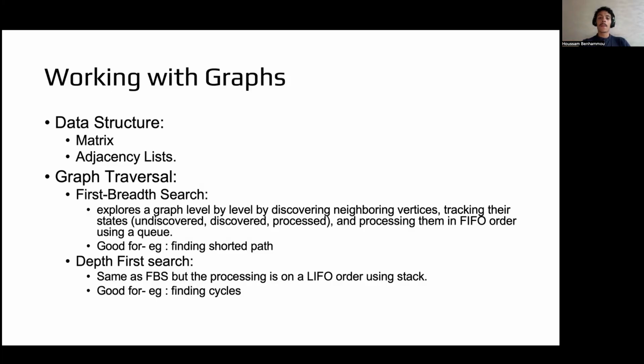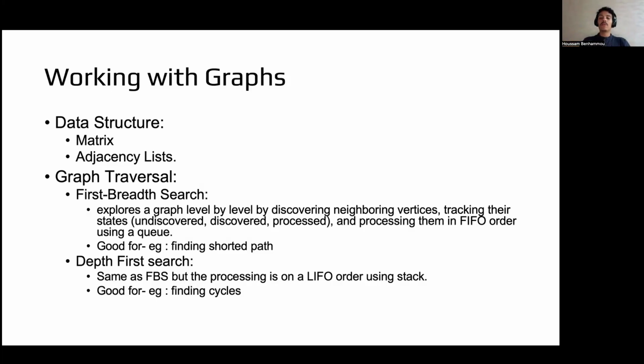Breadth-first search traverses the graph by seeing all the neighbors of a vertex, then going into the second level, and keeping on like that.